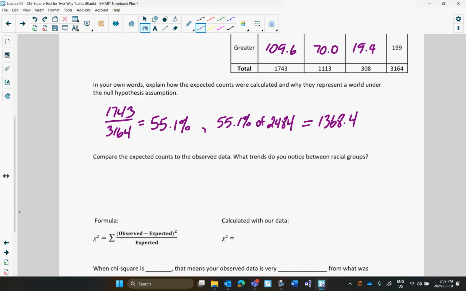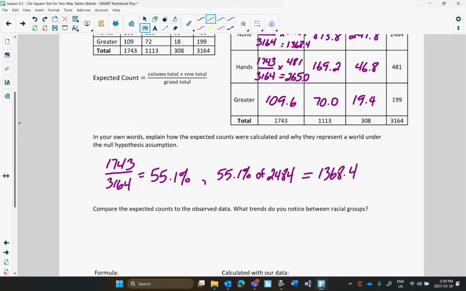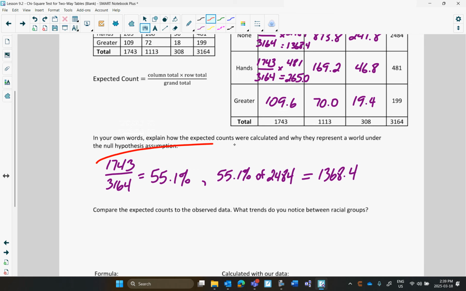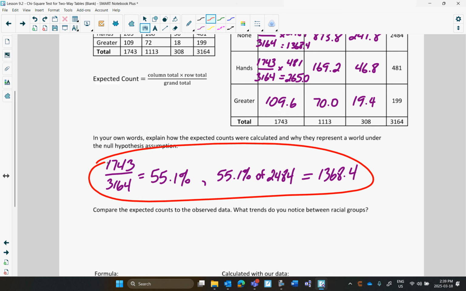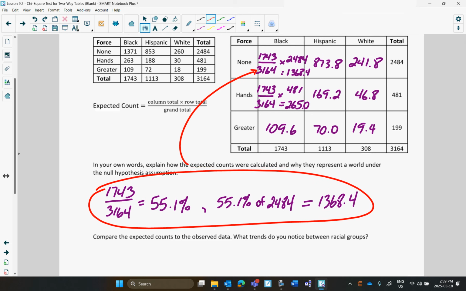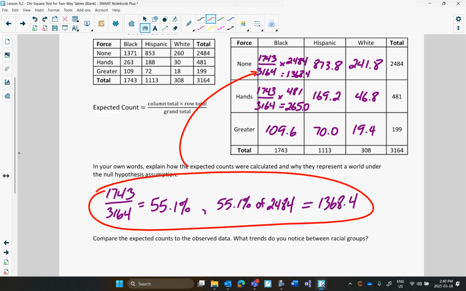So just like I talked about, compare the expected counts to the observed data. Well, like I said, Black people was pretty close.